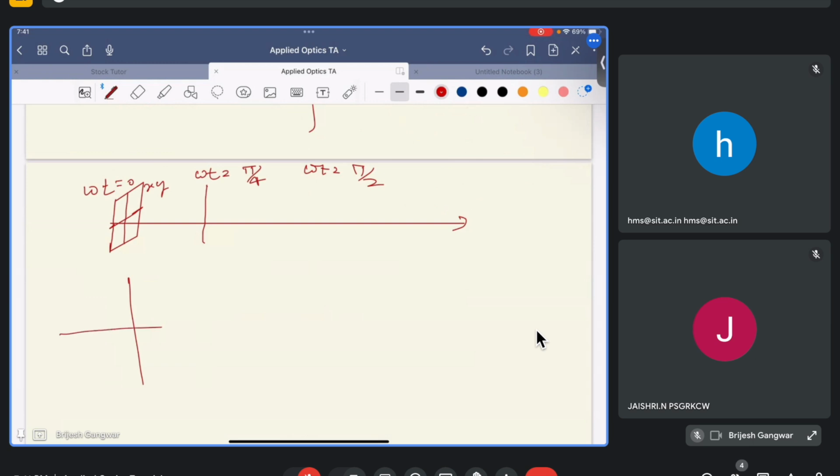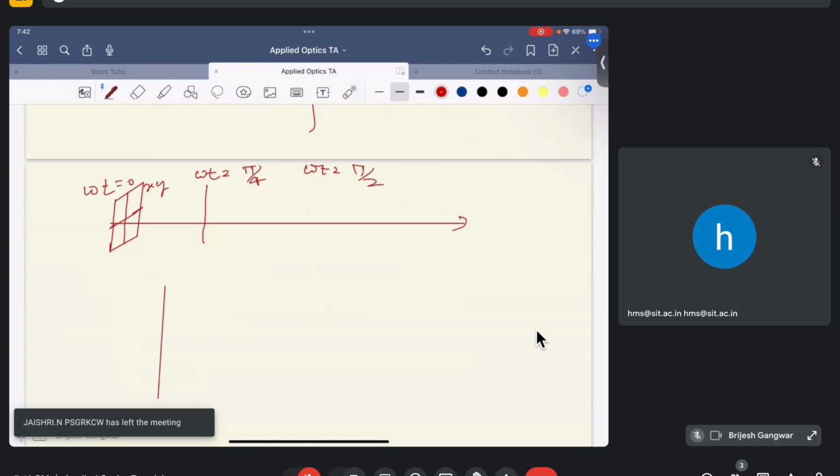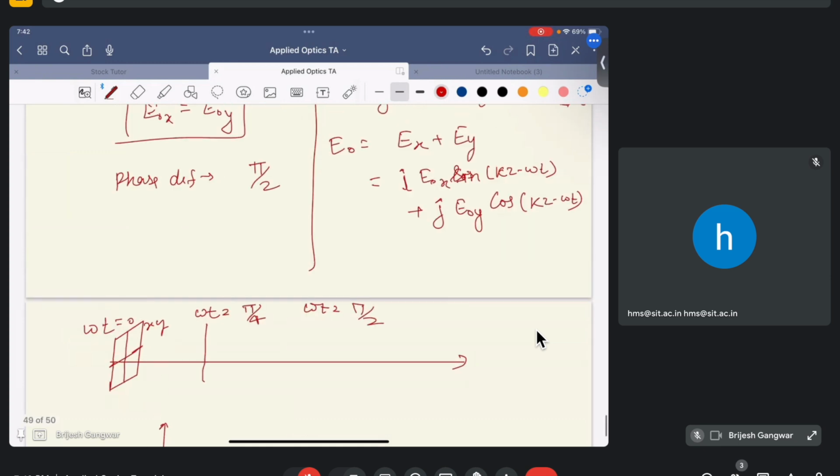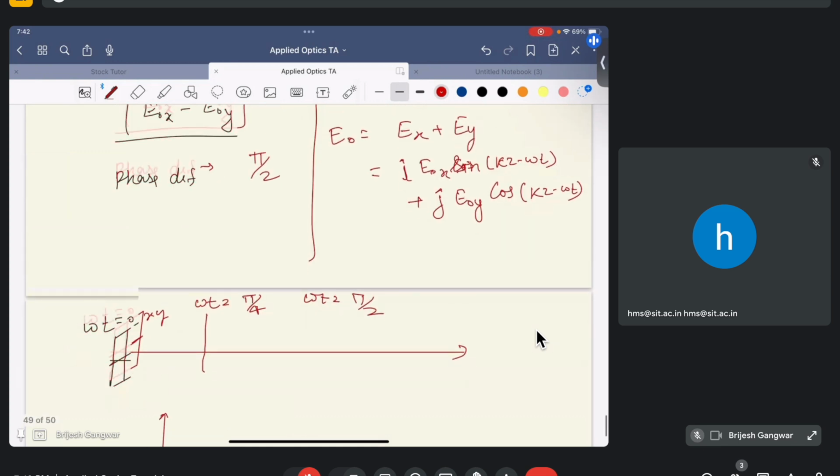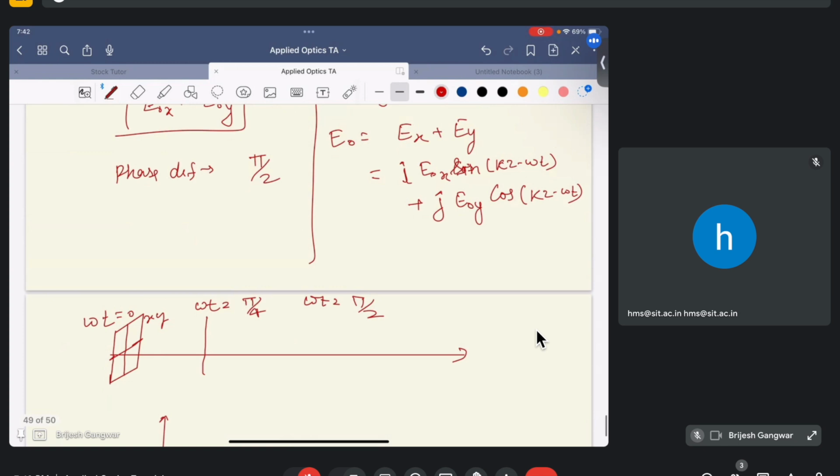Then what will be its vector? Let's say initially we have E0x equal to E0y, right?